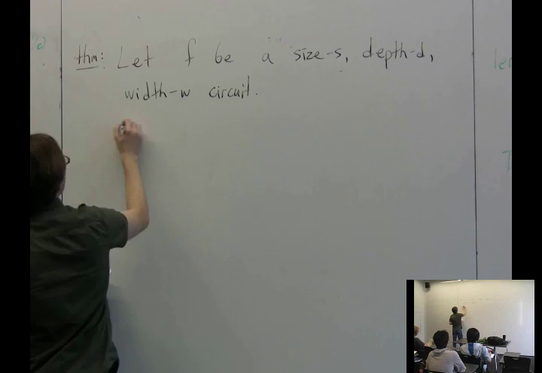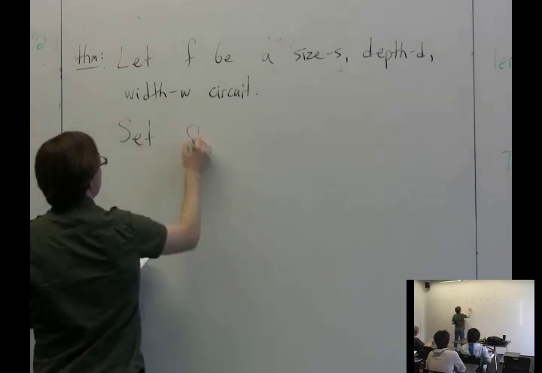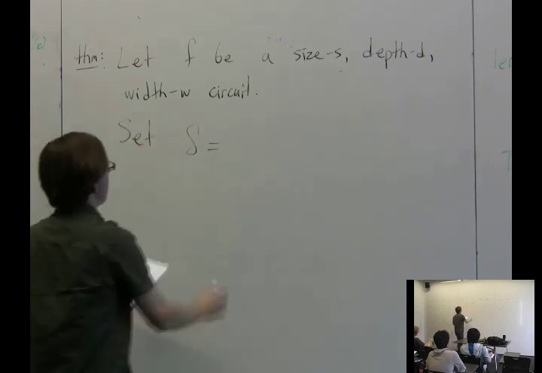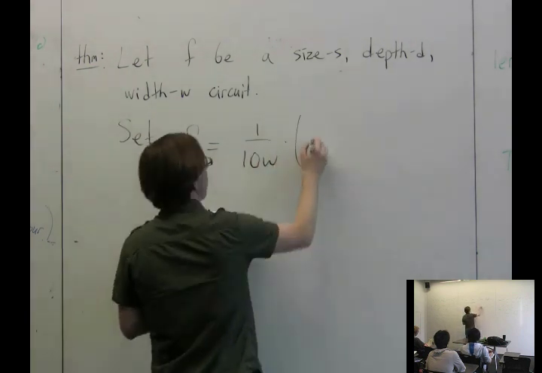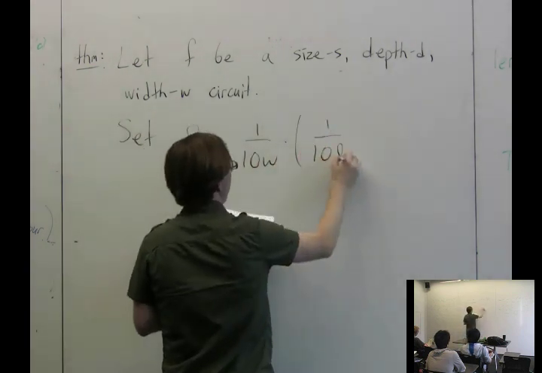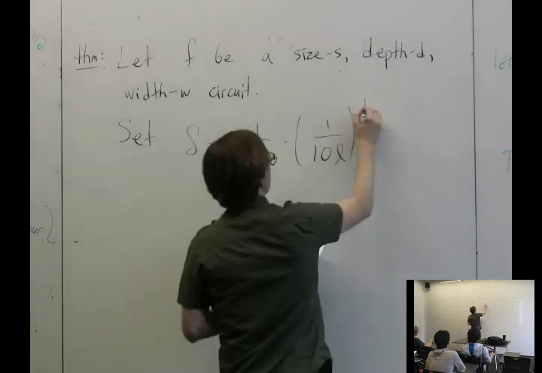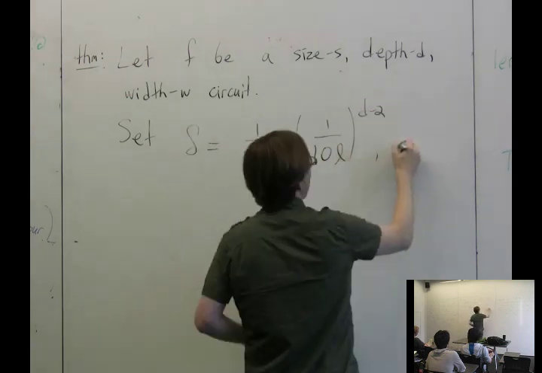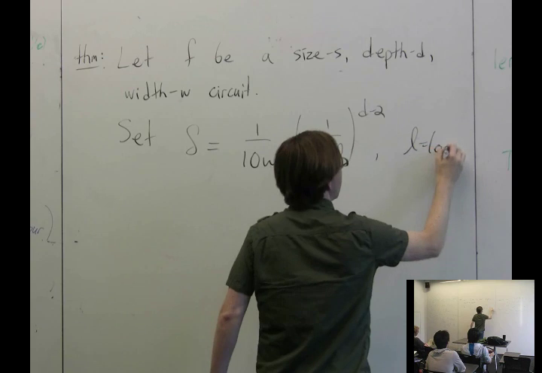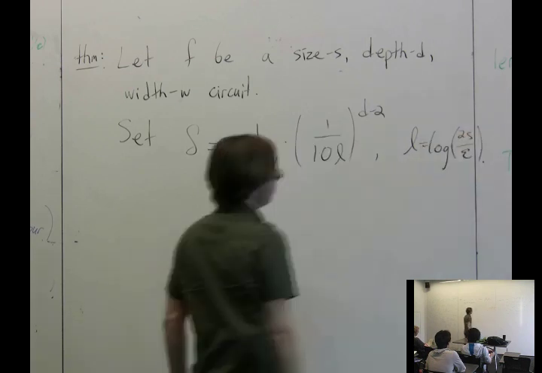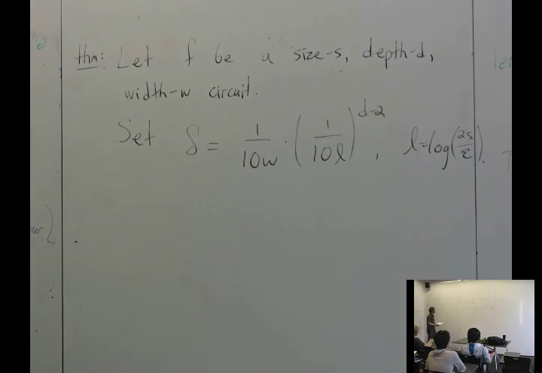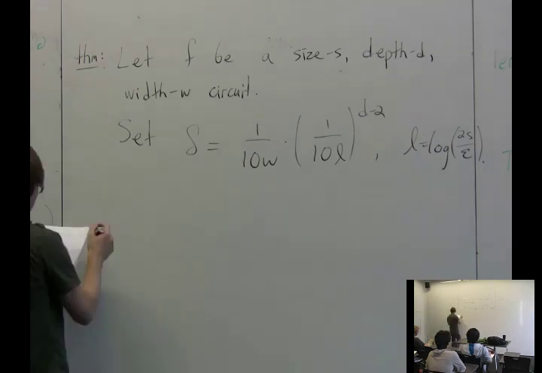And set delta to be the following outstanding number: 1 over 10w times 1 over 10l to the d minus 2, l being log 2s over epsilon. All will be explained.